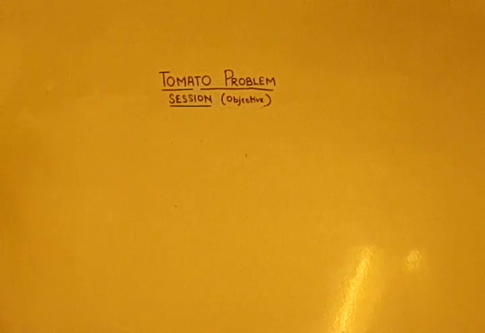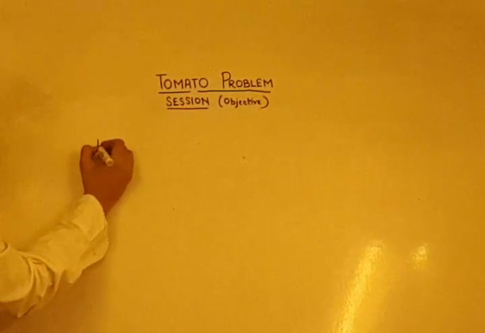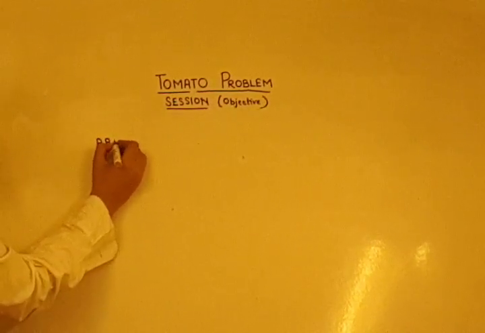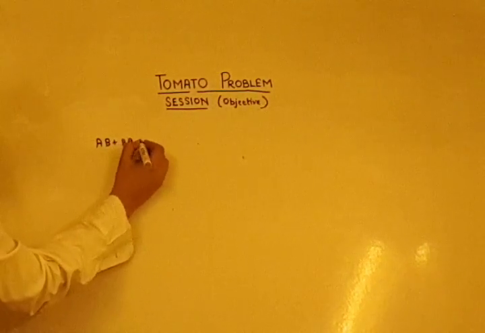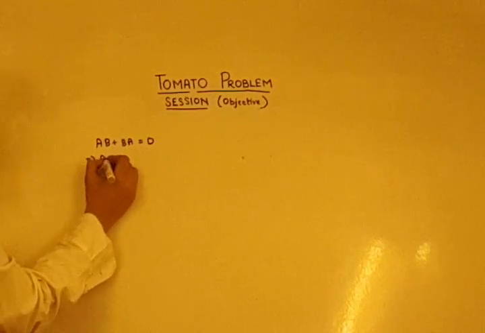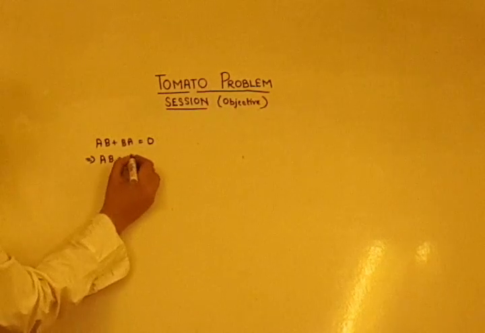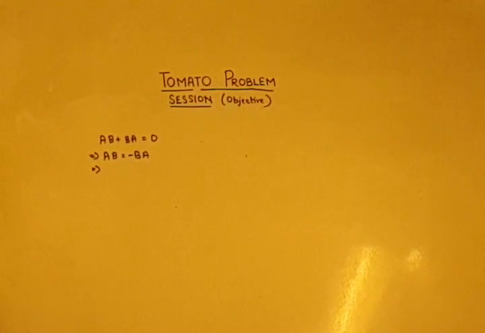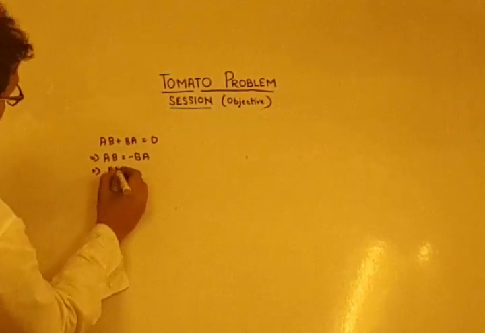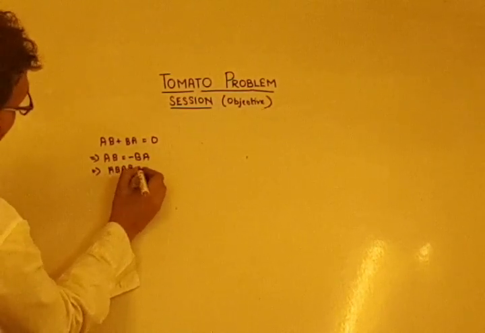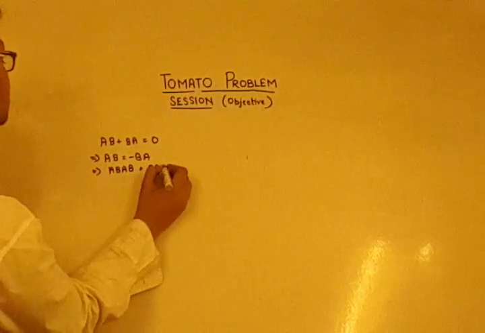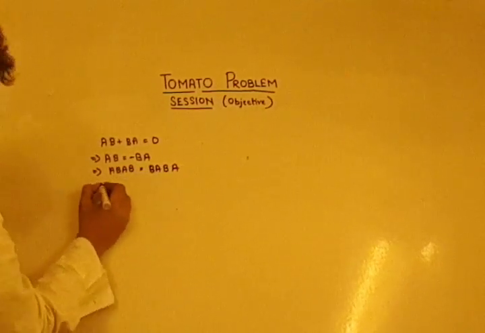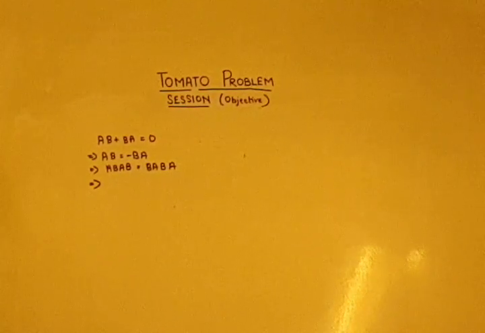So the solution goes like this. If I start from here, AB plus BA equals O, which implies AB equals minus BA. If I multiply, AB AB equals BA BA, which sounds funny, but that's how the problem was set.